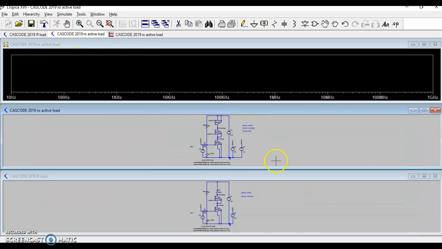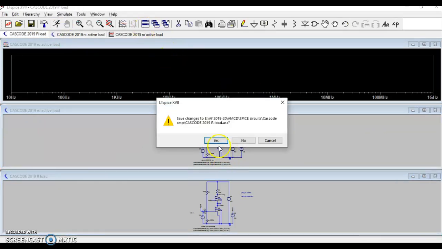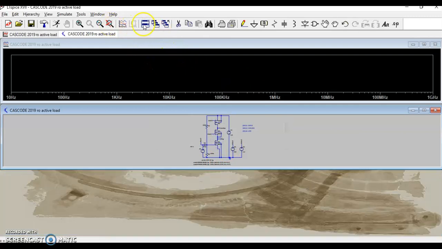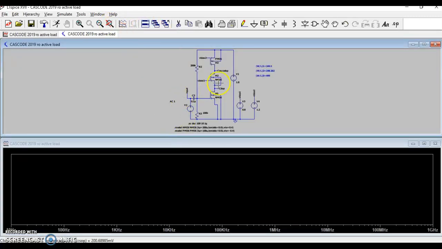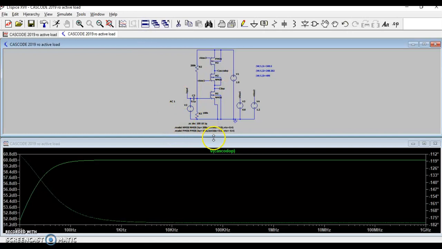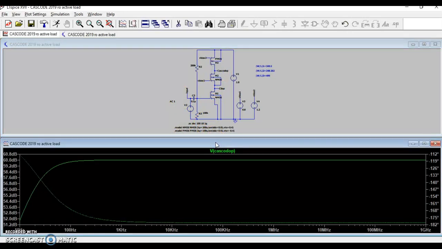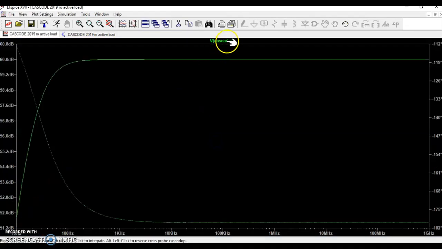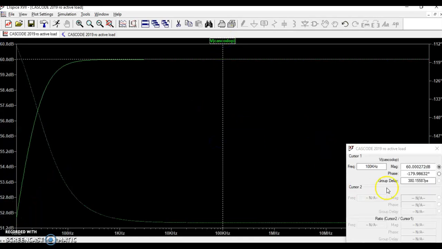Since I'm looking at only this, let me take out this. Now we are looking at the gain. Of course we are supposed to get 59.94. We are almost having 60 dB. So this is the cascode amplifier with the R0 load.